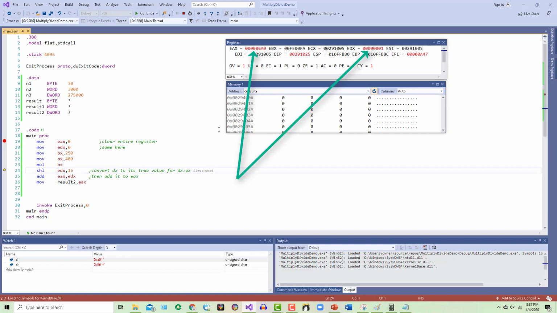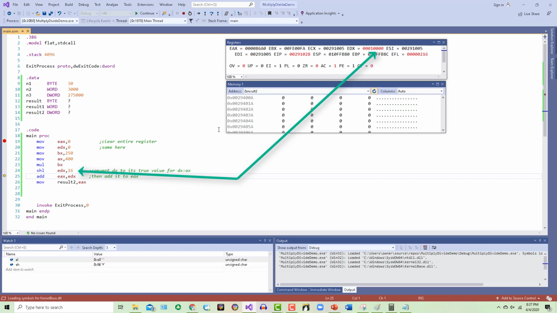The DX register contains 1, but the top half of the EDX register is clear also because of line 20. So now when I execute line 24, watch the 1 in the DX register shift 2 bytes, that is 16 bits, to the left.